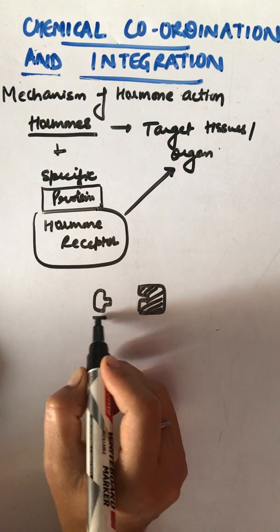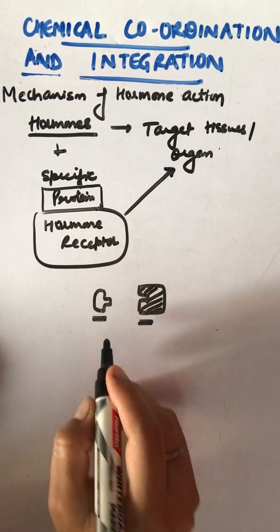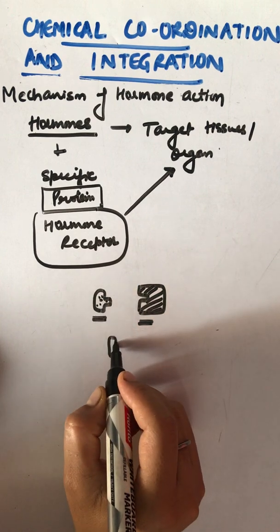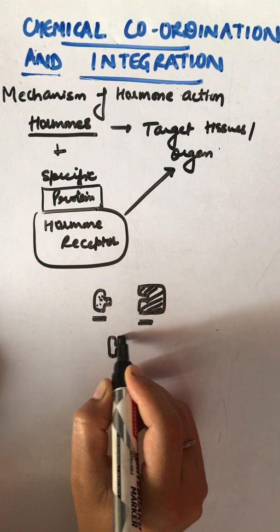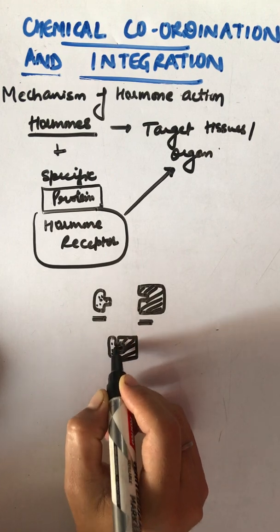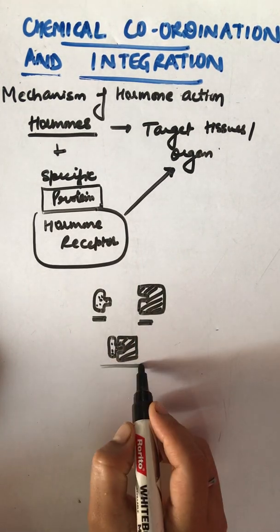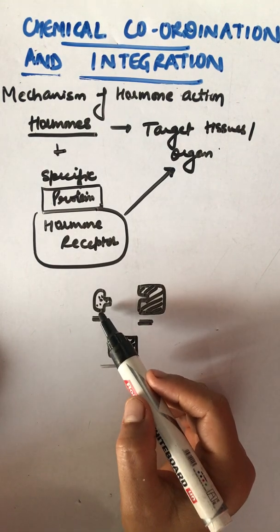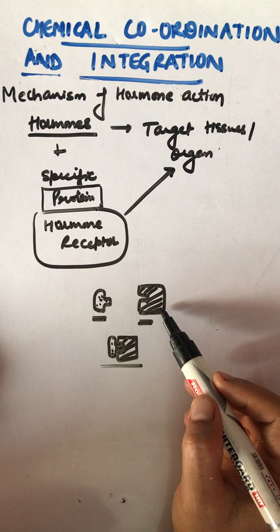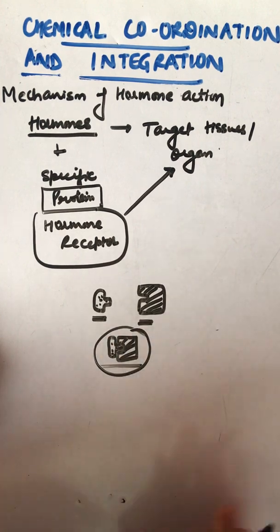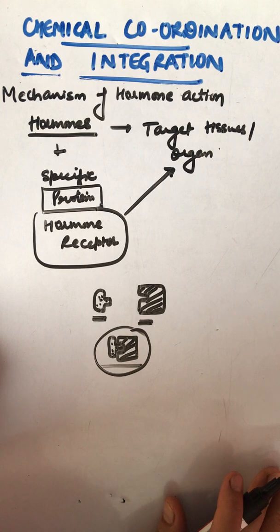The binding of this hormone to this receptor will automatically initiate the process of mechanism of action, like this. Now this is the complex formed by the hormone binding to its specific receptor on the target organ and starting the mechanism of action.